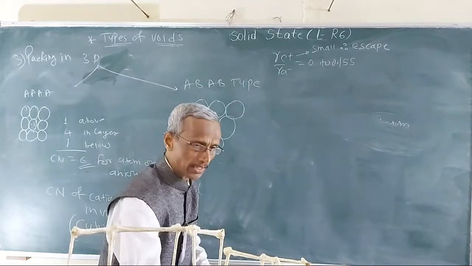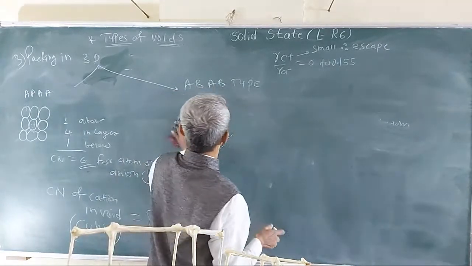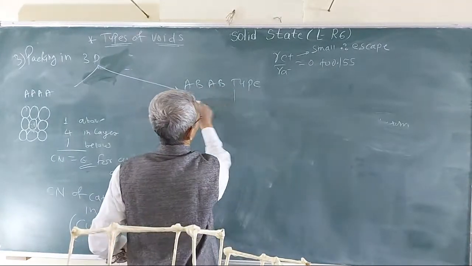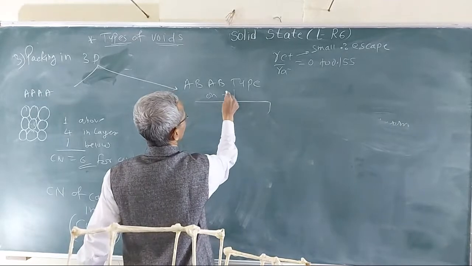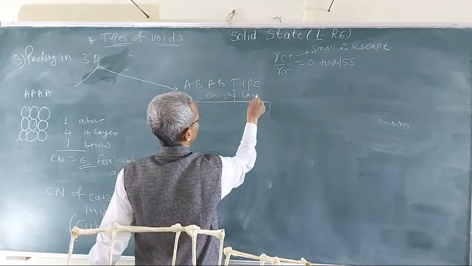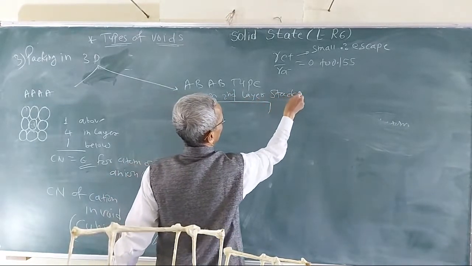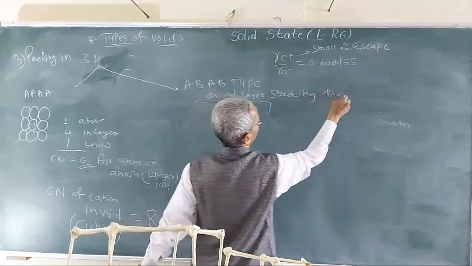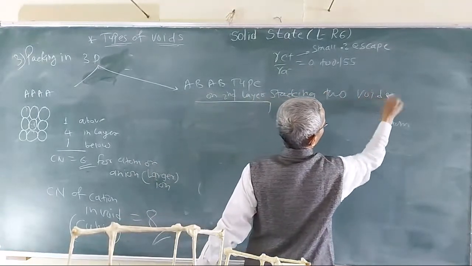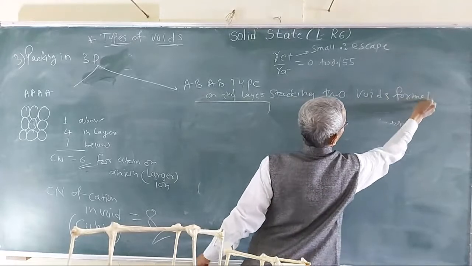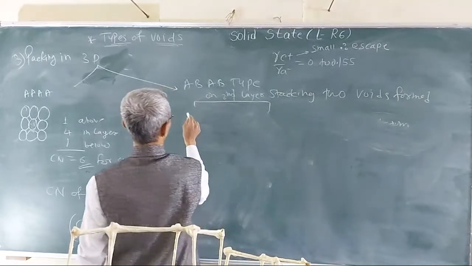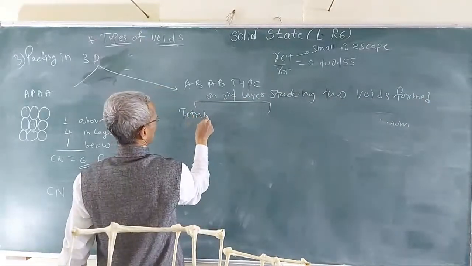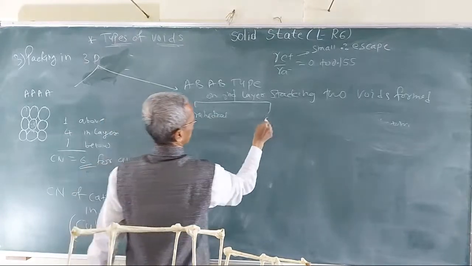And in this case, one can write the AB type second layer stacking gives 2 voids, those are the tetrahedral and octahedral.